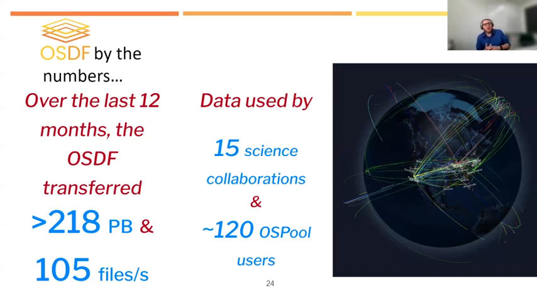And in terms of what the OSDF is accomplishing here, in the past year, the OSDF has transferred more than 200 petabytes of data through this network, used by a bunch of people, a bunch of projects. It has a very high throughput rate of the number of files that are being transferred.